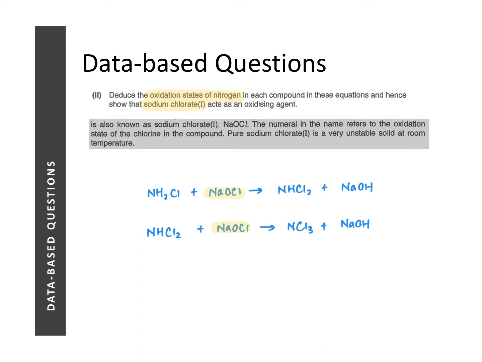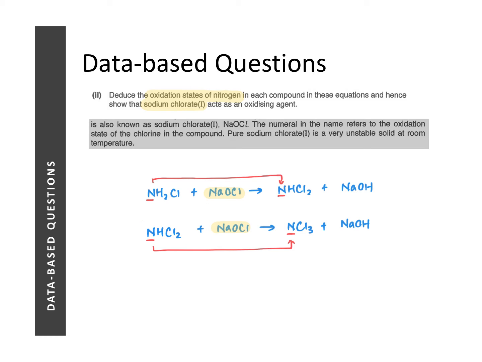If sodium chlorate(I) acts as an oxidizing agent, it can only mean one thing: that your nitrogen has been oxidized in the reaction. Essentially we need to prove that the oxidation state of nitrogen increases in both of these reactions. So firstly, we need to find the oxidation state of nitrogen in a few compounds.